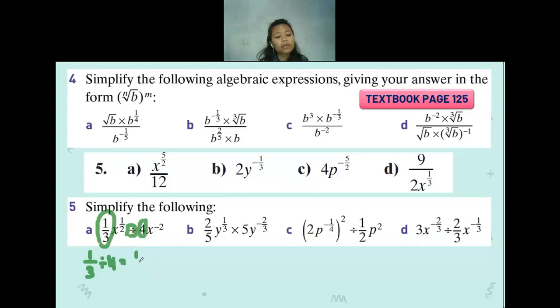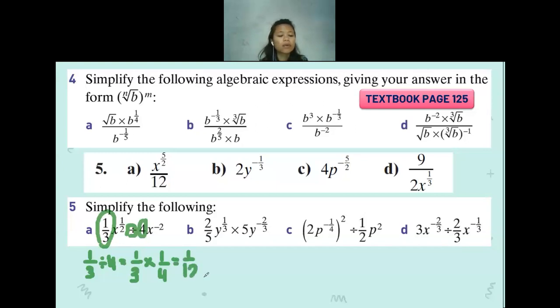Okay, maybe you forget. As we remember, for division, we can change it into a multiplication by finding the reciprocal. The reciprocal of 4 will be one-quarter. So now we do one-third times one-quarter, which is equal to one-twelfth.